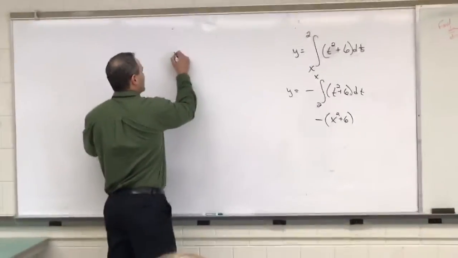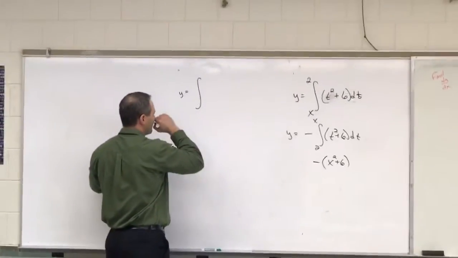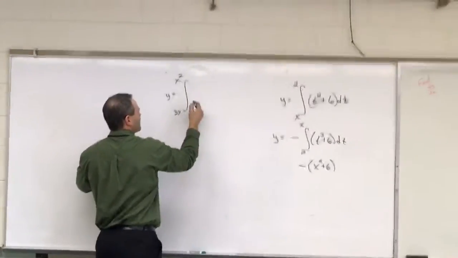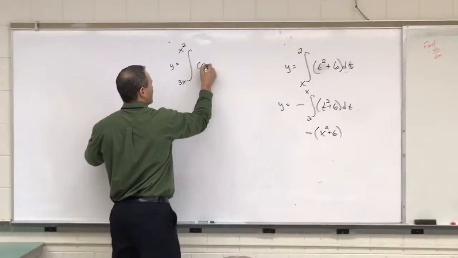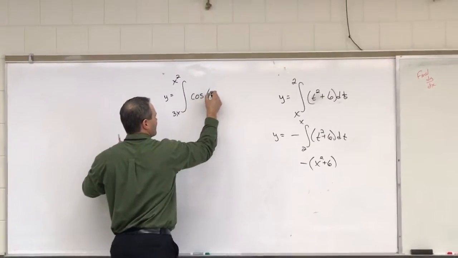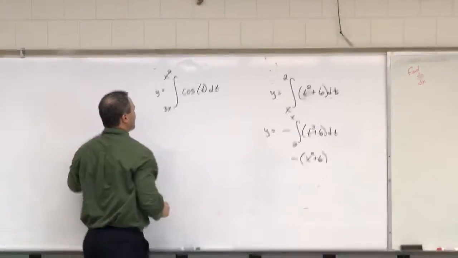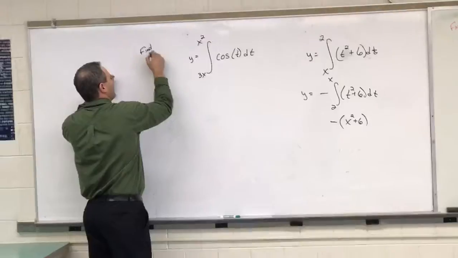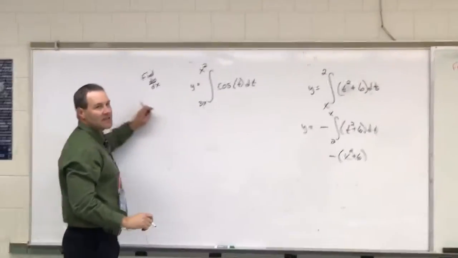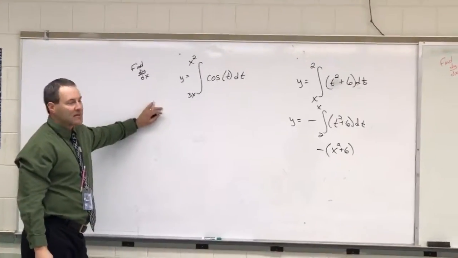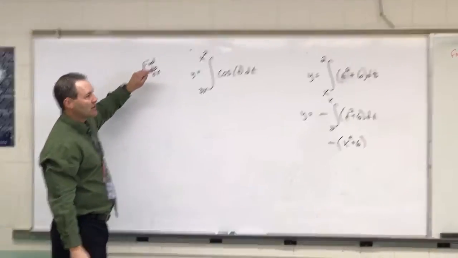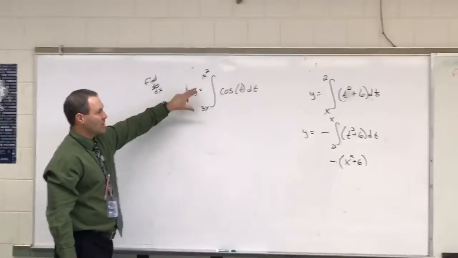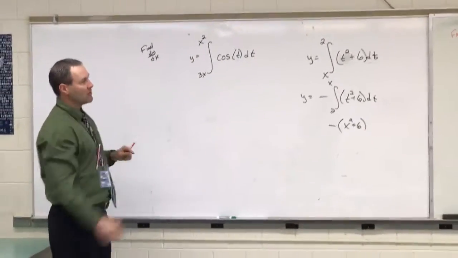What if we have variables in both limits? We are finding the derivative of an integral, so we apply the Fundamental Theorem part 1.